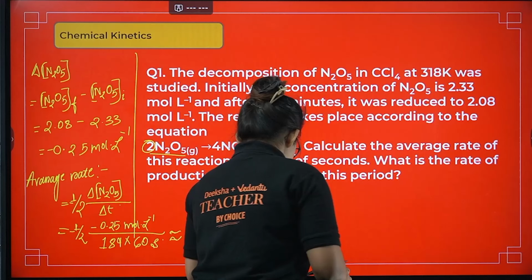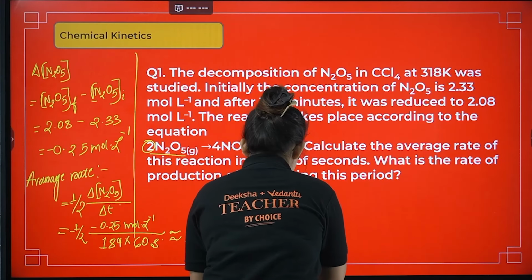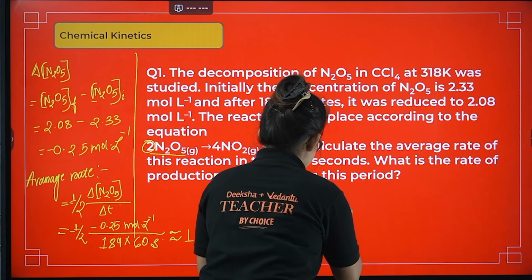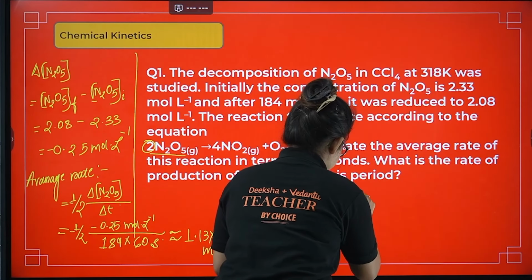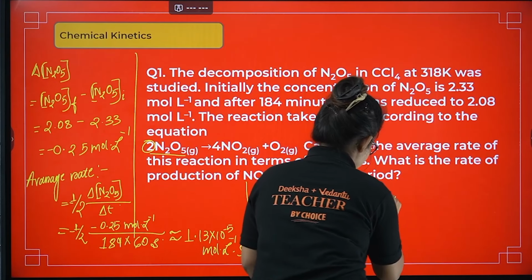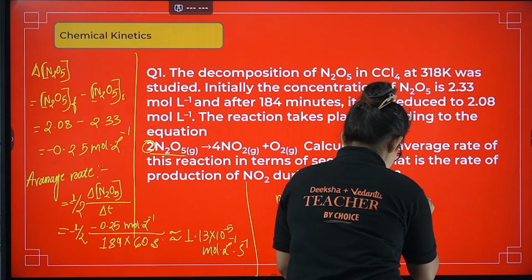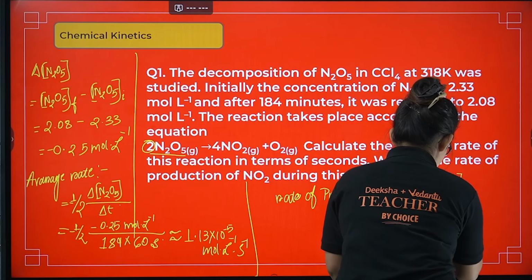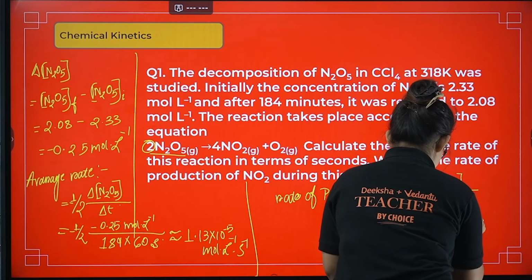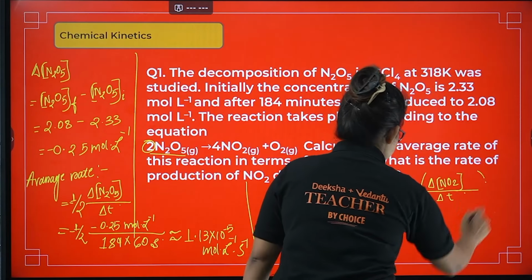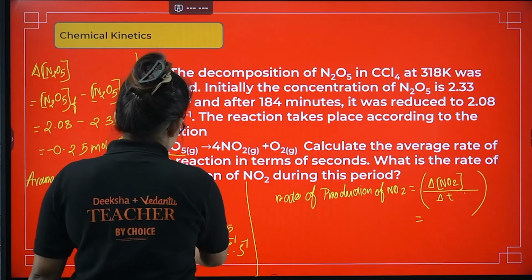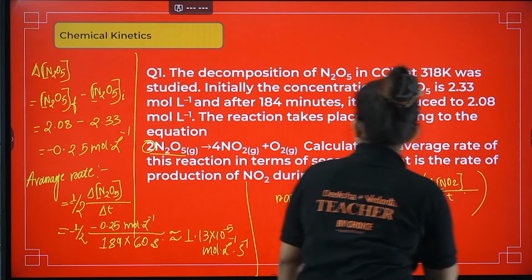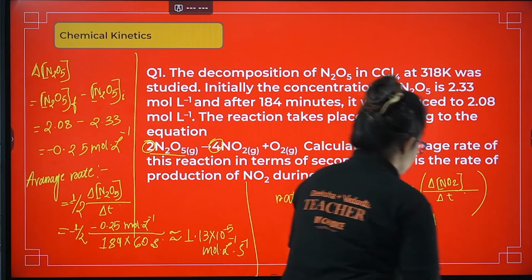The rate of production of NO2 is the change in concentration of NO2 with respect to delta T. This is nothing but 4 into average rate, because 4 is the stoichiometry out there.